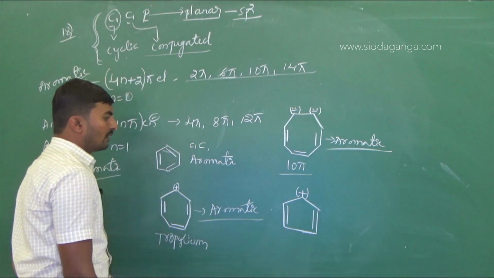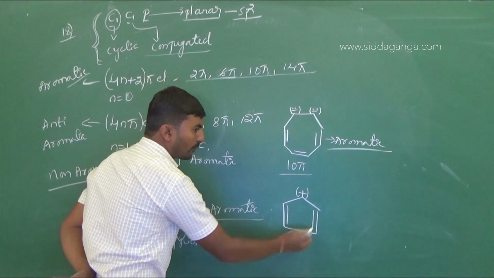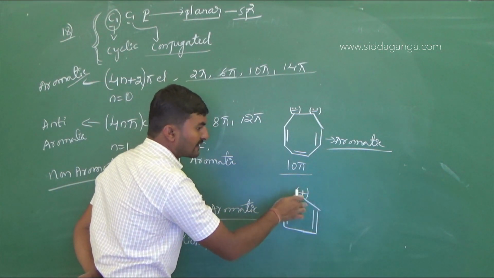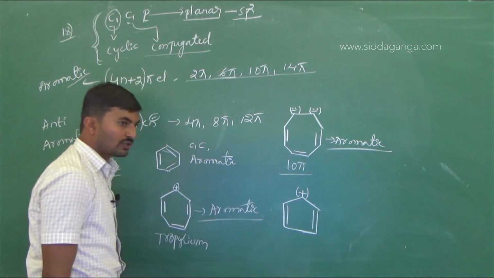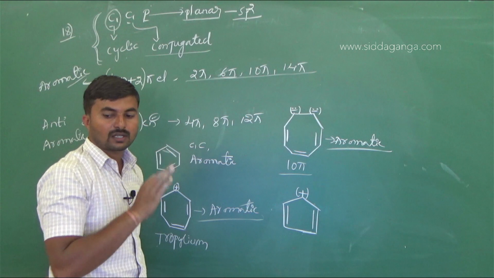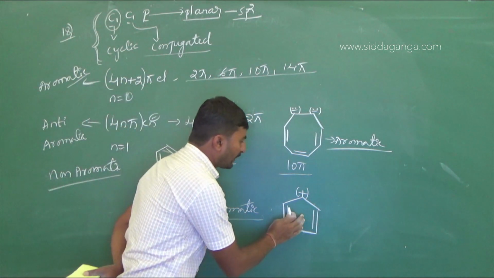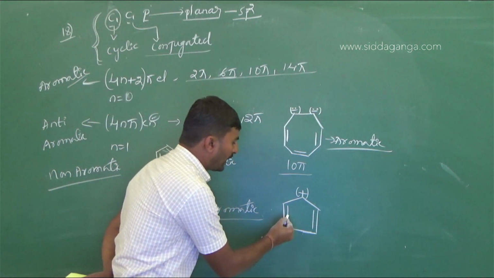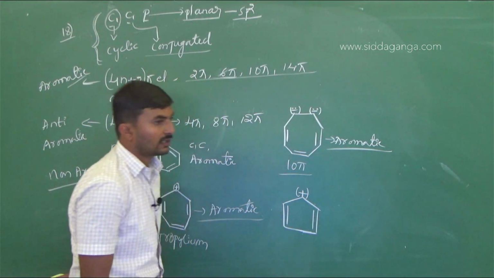Along with that, 2 pi electrons and 2 pi electrons. Okay, only 4 pi electrons. In place of a positive charge, if we had a negative charge, then we could consider those 2 electrons. But here we have a positive charge, so there is no addition of electrons. Only 2 plus 2, 4 pi electrons.